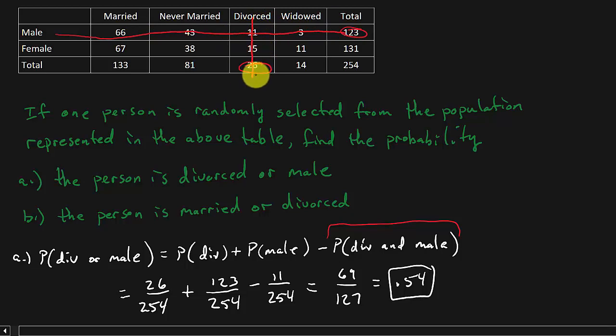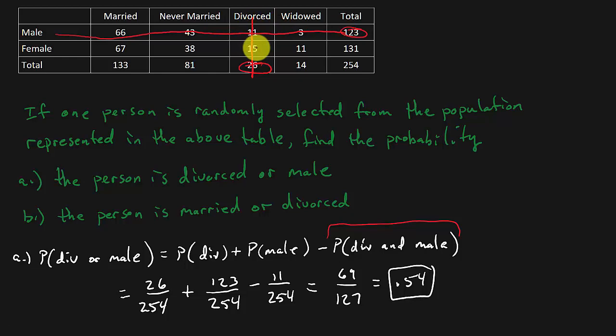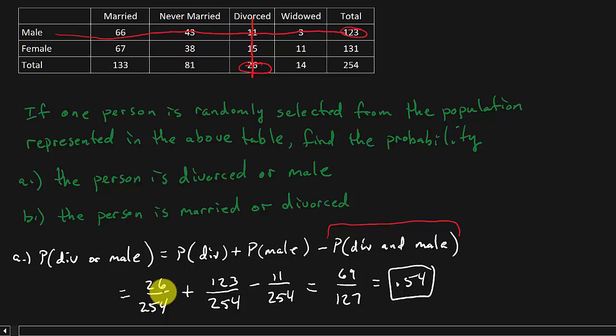Well, look what happened. When we added these up, the 11 was included, and when we added these up, the 11 was included also. So it's like we added the 11 in there twice. Since the 11 got added in both places, we're saying, okay, what do they have in common, which is this right here?